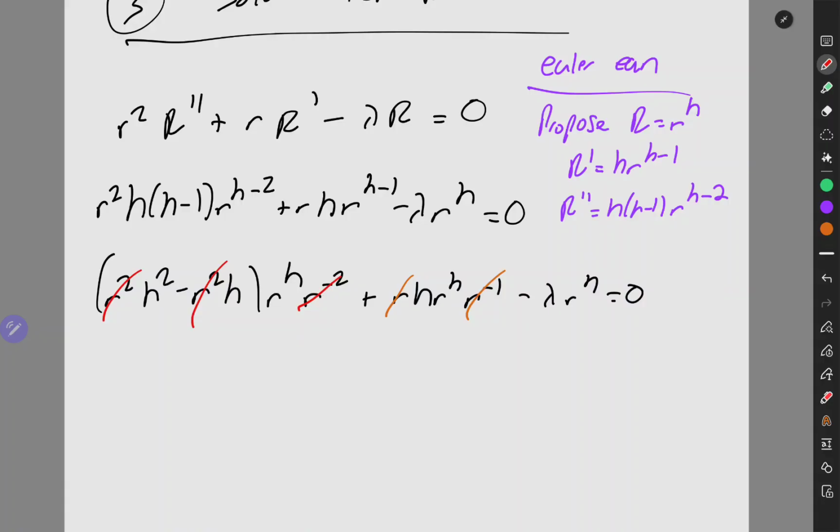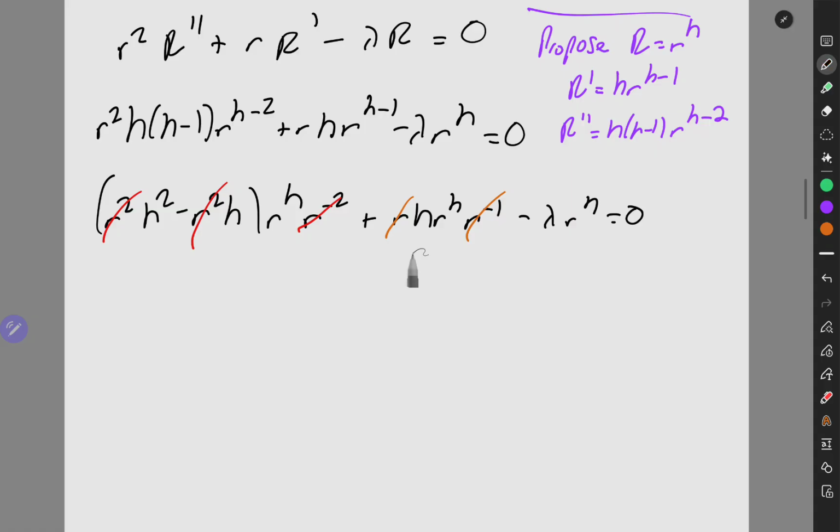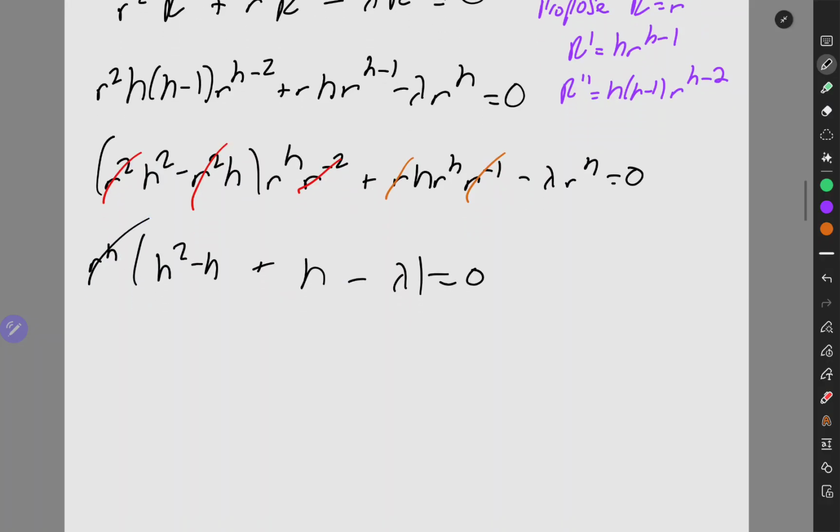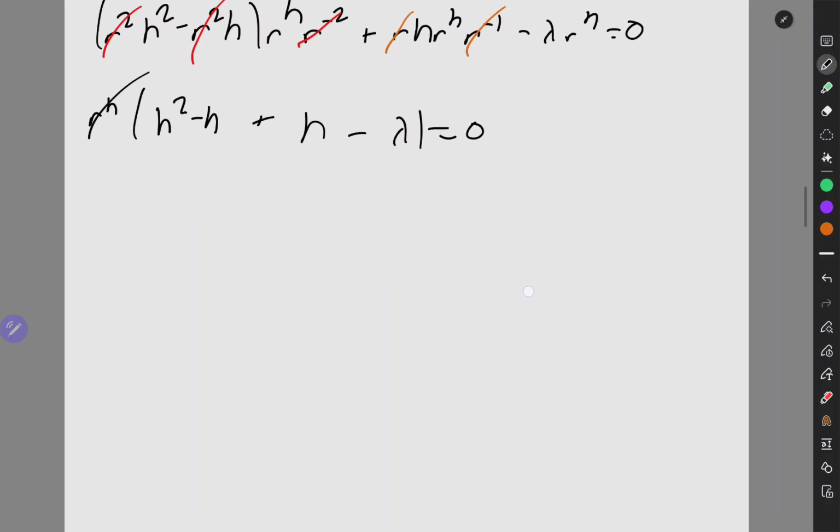Oh, because we can take out the r to the h. So hold on. This is h squared minus h plus h minus lambda equals 0, because I pulled out the r to the h, which we ignore because it's going to equal 0.